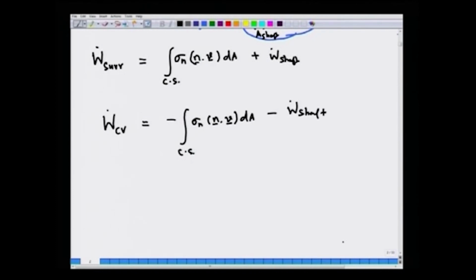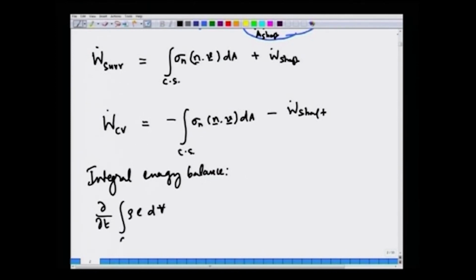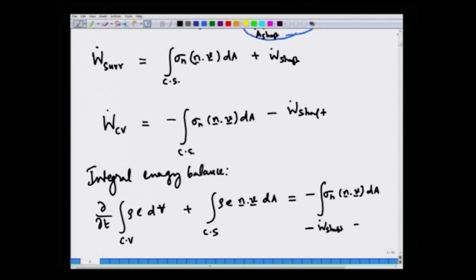Therefore, the integral energy balance becomes d/dt of the integral of rho e dV over the control volume, plus the integral over the control surface of rho e n dot V dA, is equal to minus integral sigma n dot V dA minus W shaft plus Q dot.